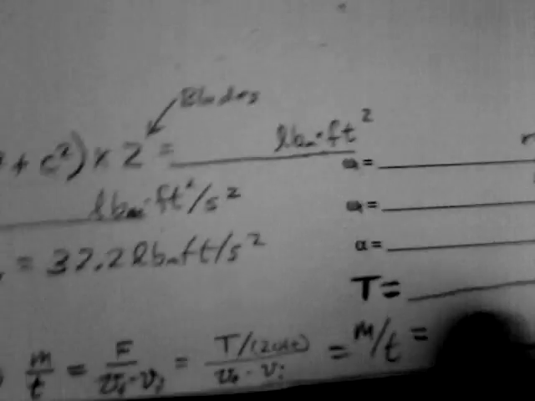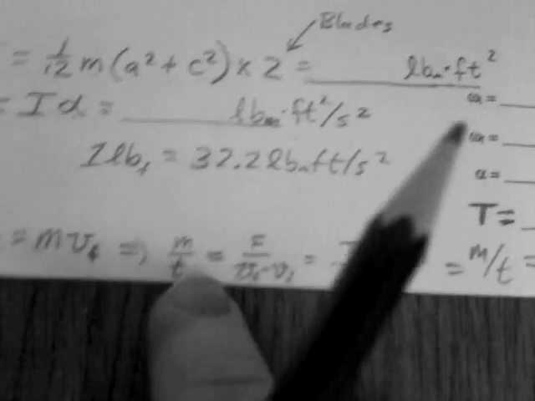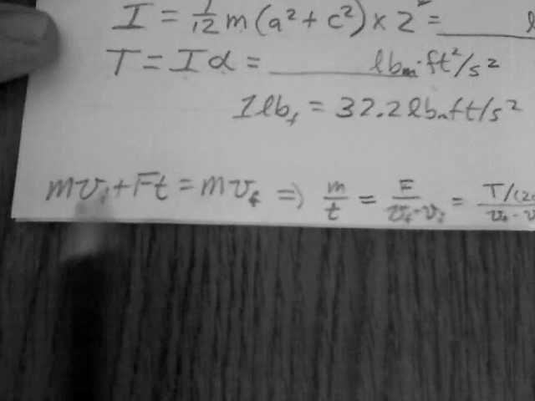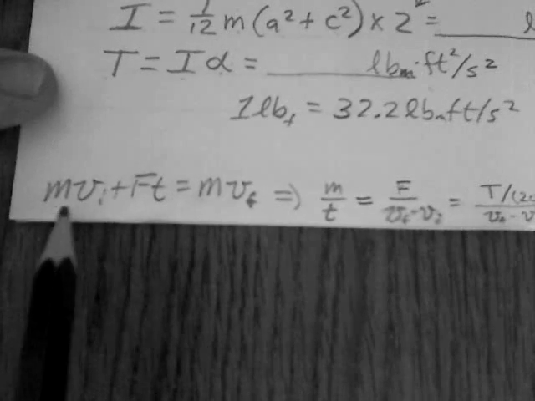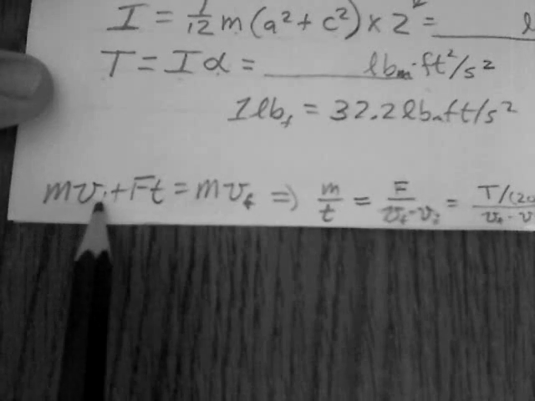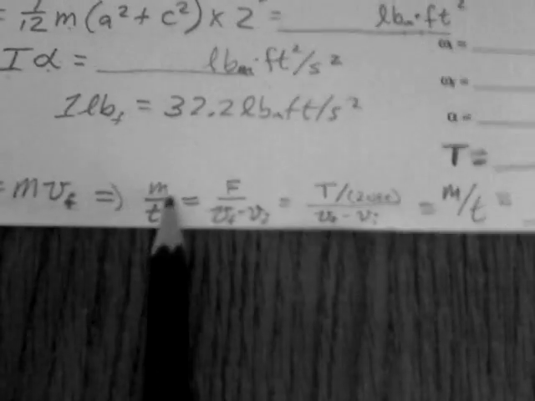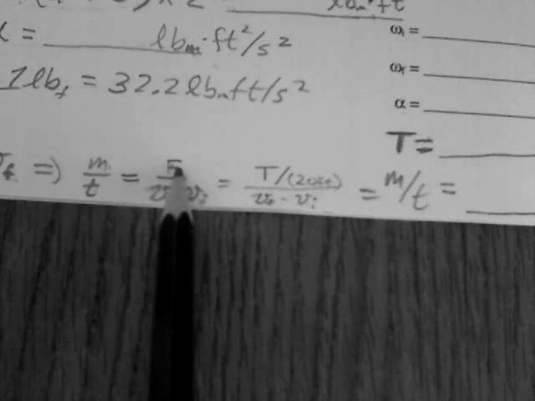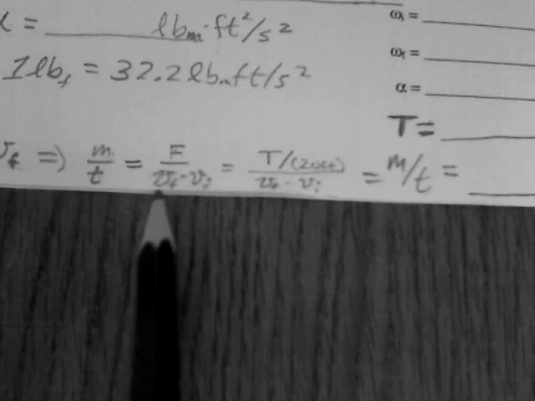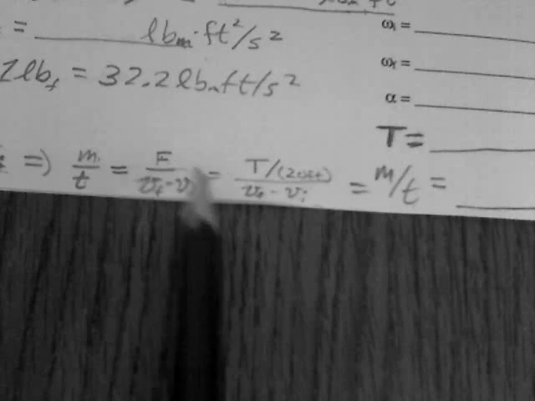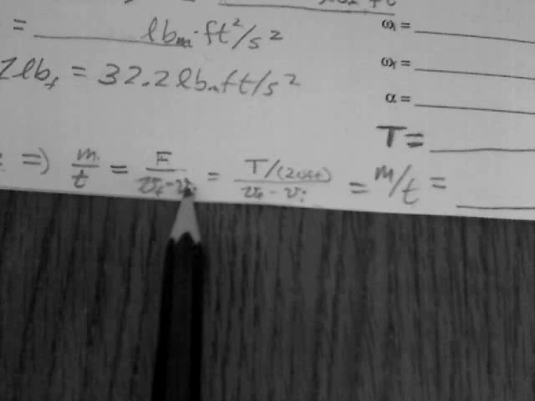And to find the mass flow rate, you'll have to read the statement of the problem to understand what I'm doing right here. But just quickly, I have the impulse momentum equation. Initial momentum plus impulse equals final momentum. I solve for the mass flow rate out of that, and I get that it's the force from that second propeller divided by the difference between the final and the initial velocity.